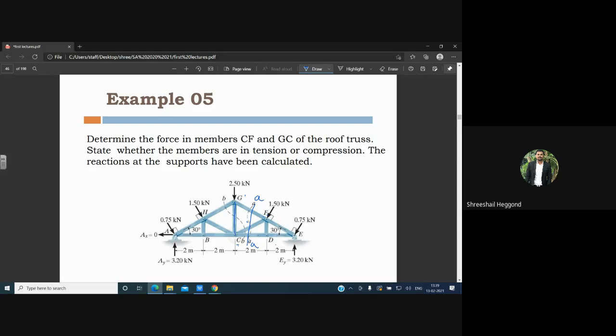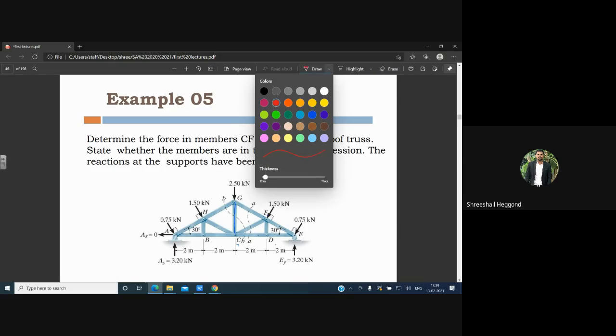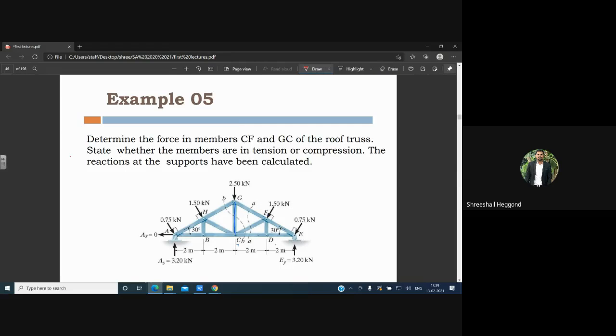Any section if you take for the second component, that is GC, this vertical member, is it possible to take any three members? If I take this section, 1, 2, 3, 4 members are there. If I take this section, there are also 1, 2, 3, 4 members. I cannot take this section completely at the center.